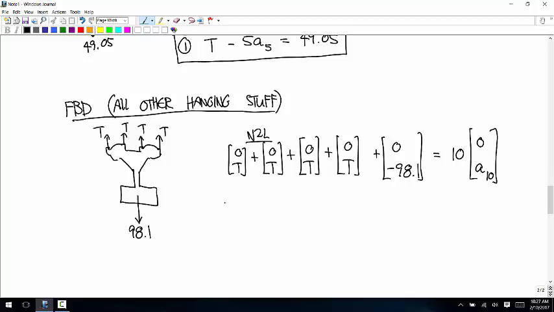And so our second useful equation says 4t minus 10a10 is equal to 98.1.